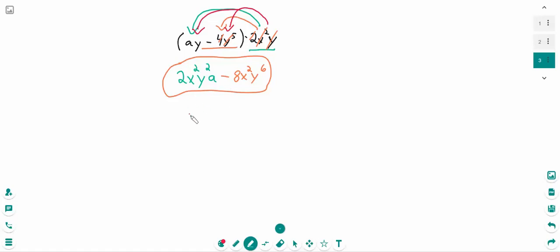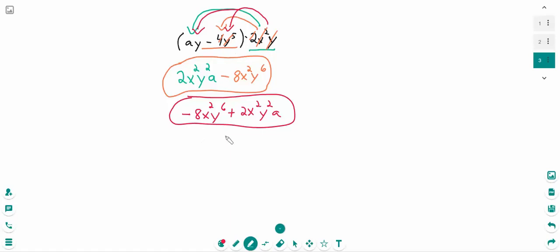So I would have a negative 8x squared y to the sixth plus a 2x squared y squared a. This would also be an acceptable answer. There's nothing wrong with that. You just multiplied it through in a different order. And the order doesn't matter in addition. Remember, addition is commutative. We can reverse things and go back and forth. It's not a problem. So we can switch these two around and still have an acceptable answer.